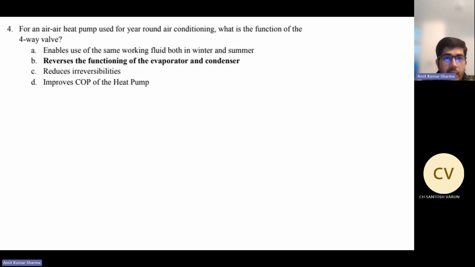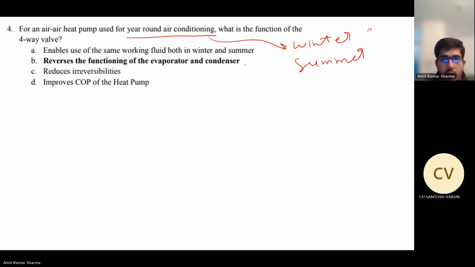So first of all, the hint is the year-round air conditioning. Year-round there will be winter and there will be summer. Try to remember this. Also draw a basic diagram.